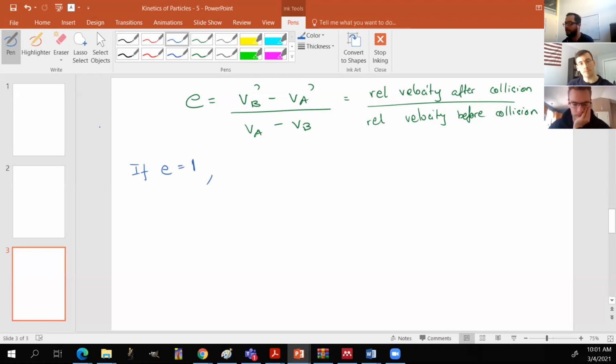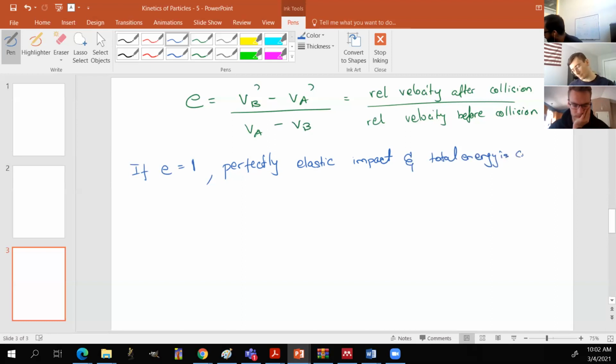It means that it's a perfectly elastic impact, and what that means is that the total energy is conserved.